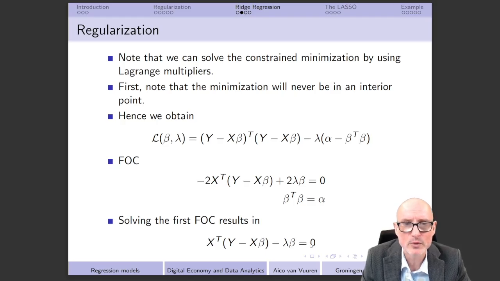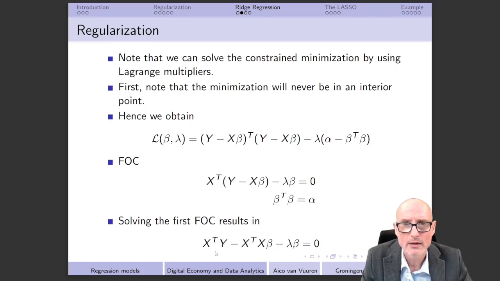Now I would like to take the betas together, so I can get rid of the parentheses. Then we get X transpose times y minus X transpose times X times beta minus lambda times beta, the thing that we already had, of course.